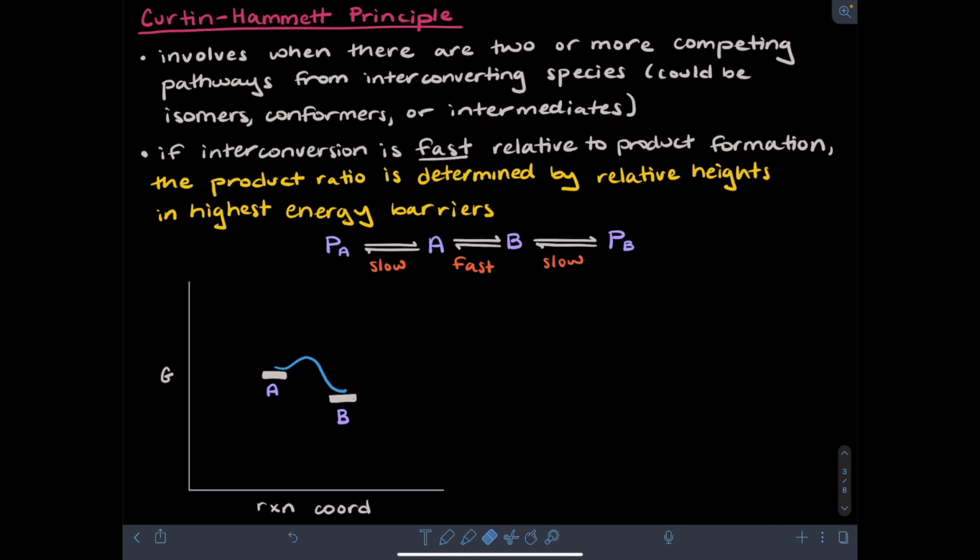Let's assume that we have a scenario where B is lower in energy relative to A. I've drawn a low barrier between these two to suggest that they would convert back and forth quickly.